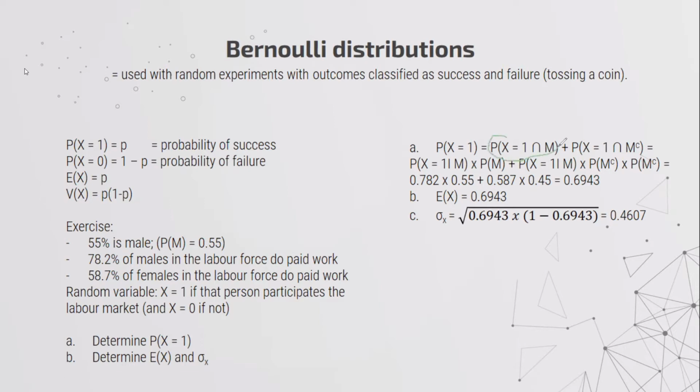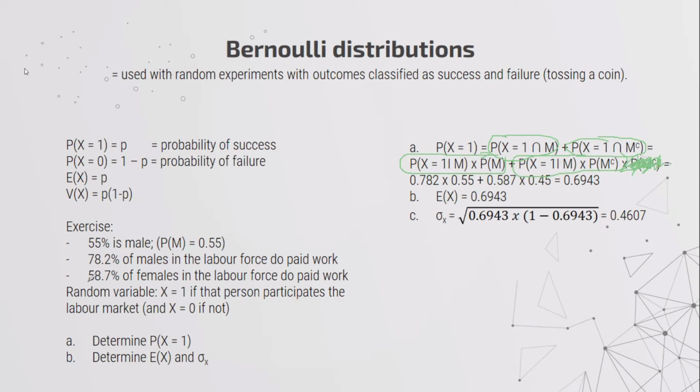This thing here equals this part. And it's pretty much the same with the females, which are M complement. This part equals this one here. And this is a mistake, that should not be there. It's just once. And then we have all the numbers.